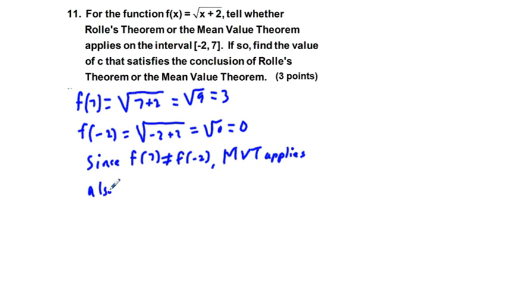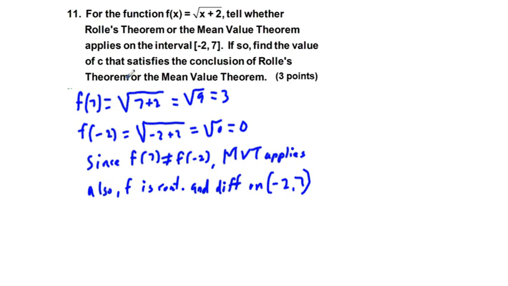Also, f is continuous, and this is a square root curve, and differentiable on the open interval -2 to 7. So the mean value theorem applies. That's going to be a point there.